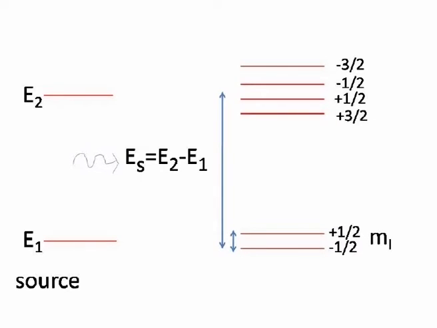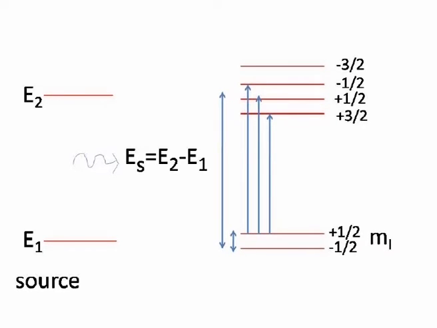So, from plus half it cannot go to minus 3 by 2, for example. From plus half it can go to minus half, delta M equal to 1. From plus half it can go to plus half, then from plus half it can go to 3 by 2, change of 1 unit, 0 unit and 1 unit on the other side.